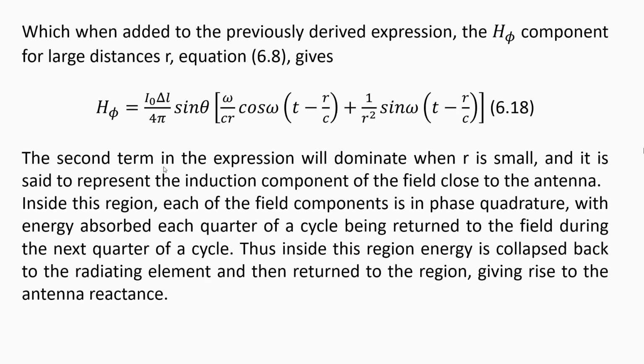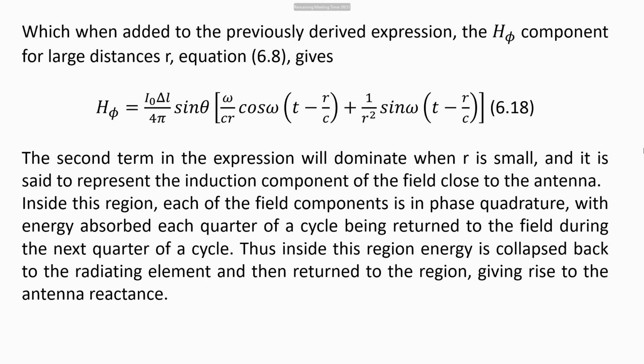So the second term in the expression will dominate. It is much bigger, and r is rather small. And it is said to represent the induction component of the field close to the antenna.